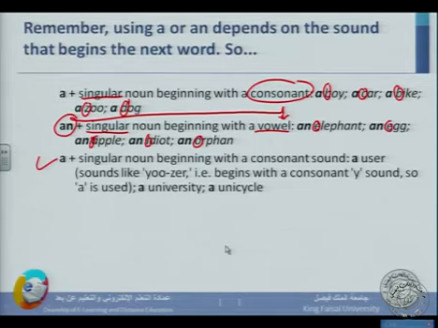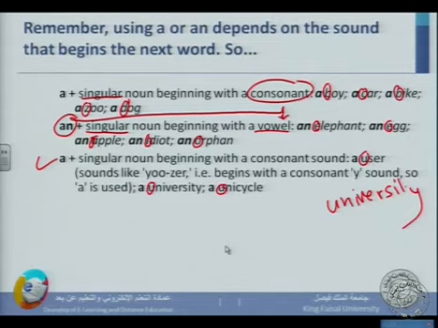There is also a rule about a plus a singular noun beginning with a consonant sound. A user sounds like "you", a user, a university. It begins with the consonant Y sound. A university, a unicycle.